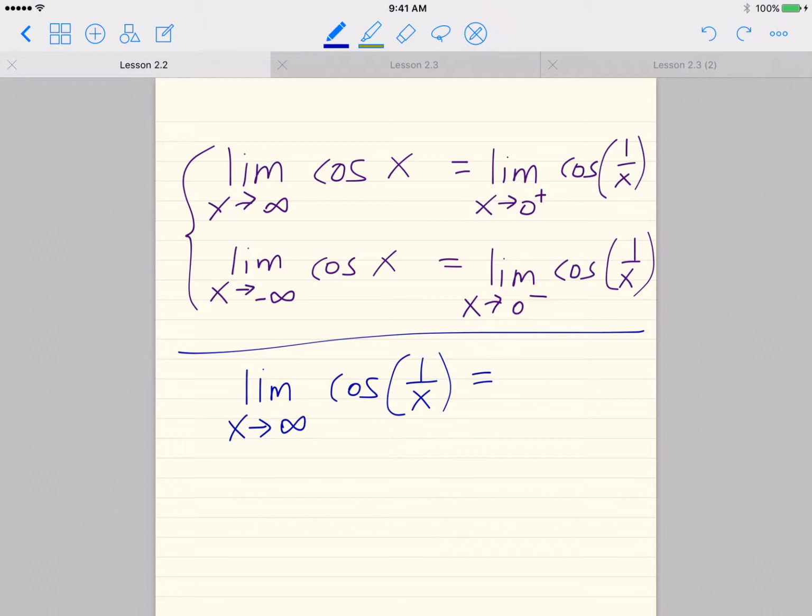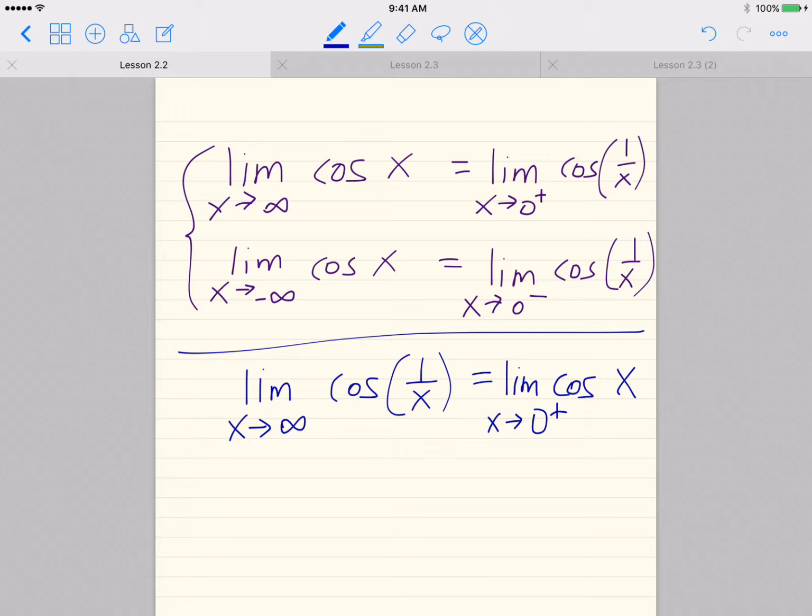But you could still use the same idea. We could take the reciprocal of 1 over x, which becomes just x, and then you could change where your limit is headed, what x value you're concerned with. Instead of positive infinity, your x is approaching 0 from the right side. So these two are essentially the same question.